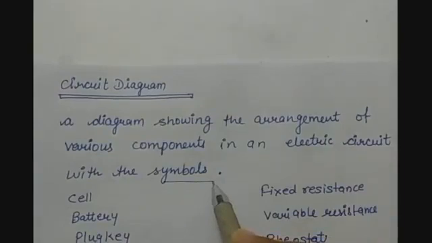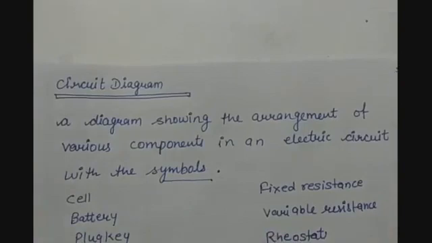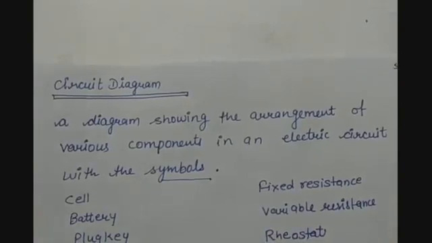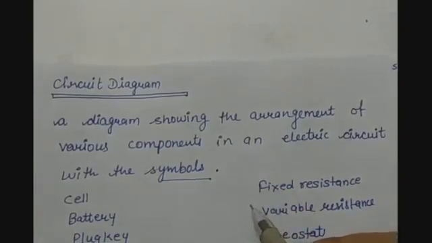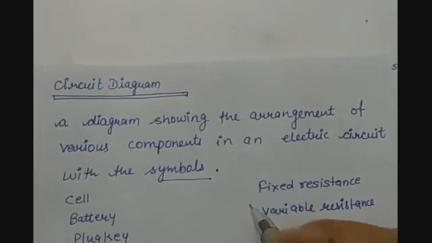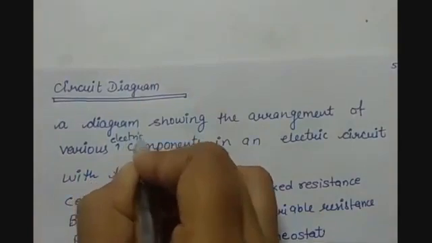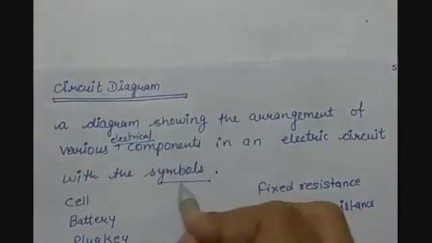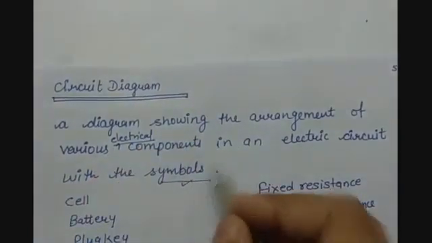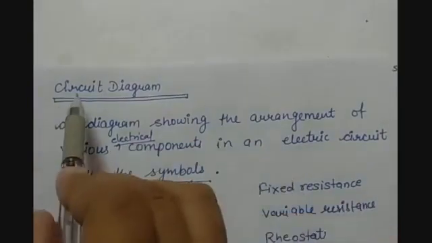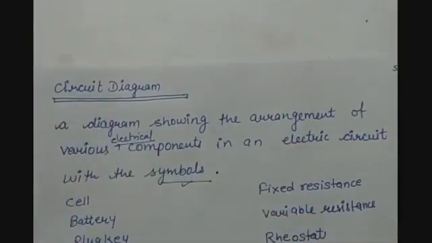When we draw the arrangement of an electric circuit in the form of a diagram and the various electrical components are shown with the help of their symbols, then that kind of diagram is known as a circuit diagram.